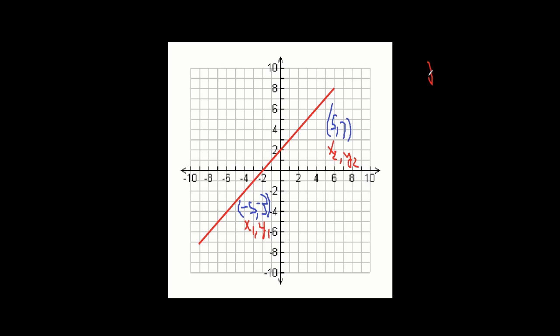So we have m, which equals y2 minus y1 over x2 minus x1. So we have y2, which is 7, and we're subtracting y1, which is negative 3.